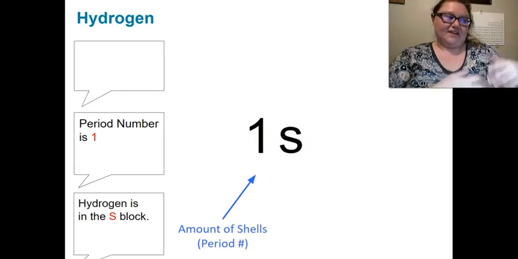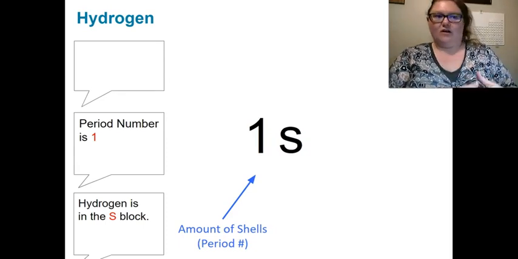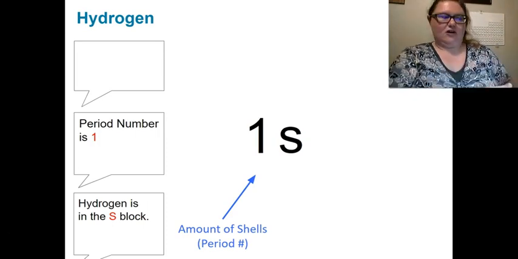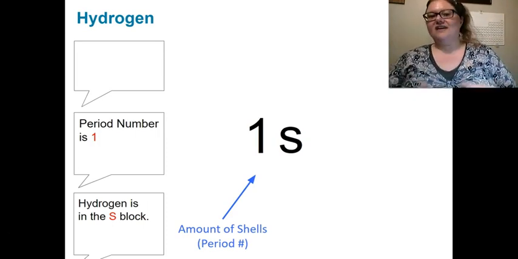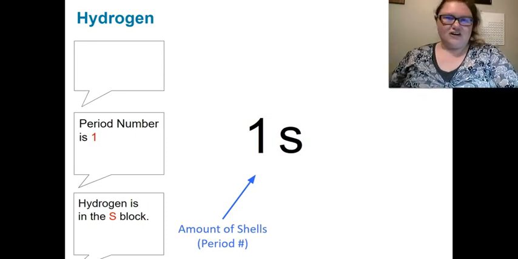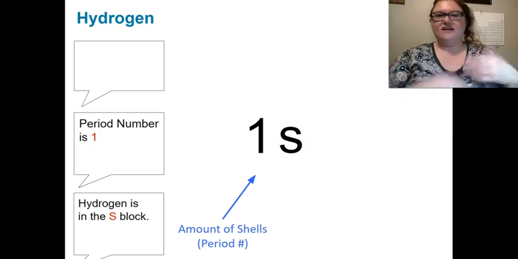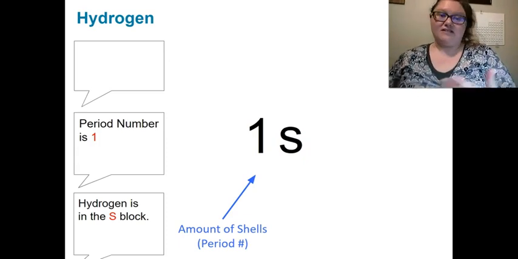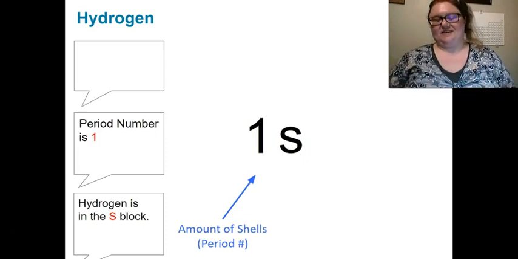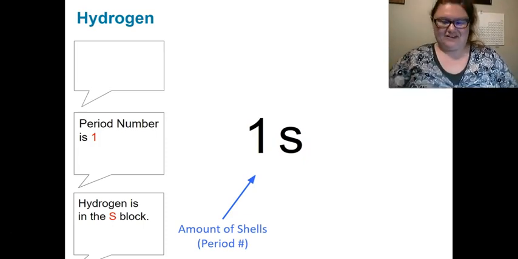It's a preference, or however someone was taught, whether it's an author of a textbook or myself. I was taught with energy level, but there are documents, activities and books that will call them shells. So just know that if I say shells or energy level, they're the same thing. Sorry to throw another vocab word in there.